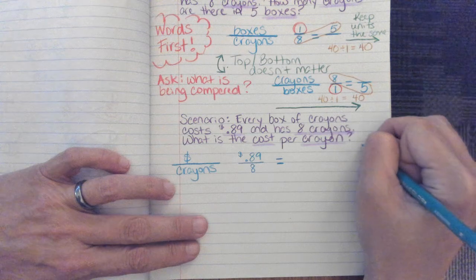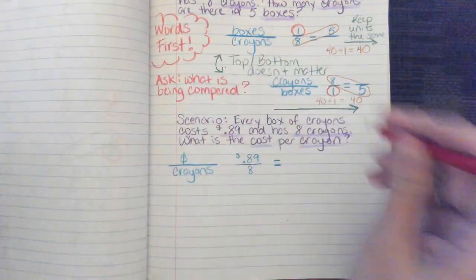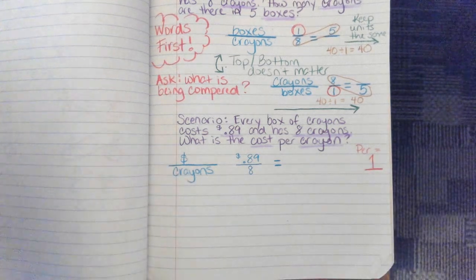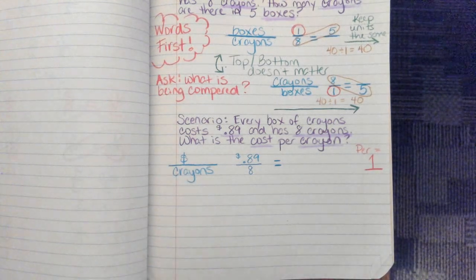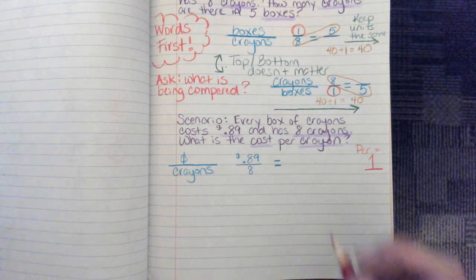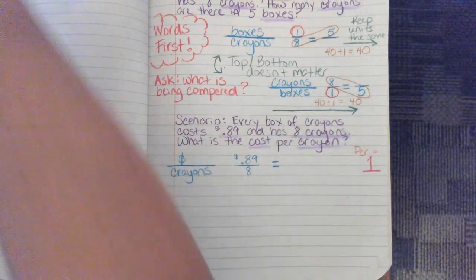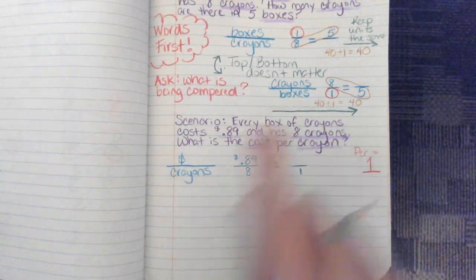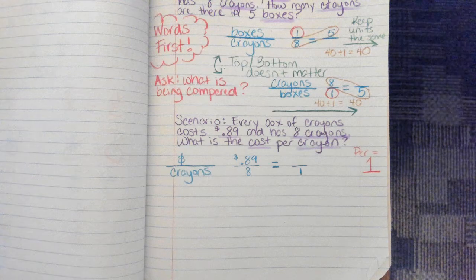What is the cost per crayon? Per means 1. That's a little note to self. Per equals 1. If it said per, like 5 per, it would be different, but really it means 1. So now for 1 crayon, I'm looking for the cost. And so the cost is what I don't know.